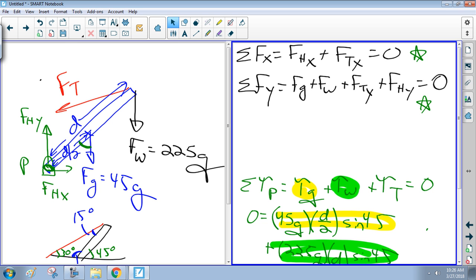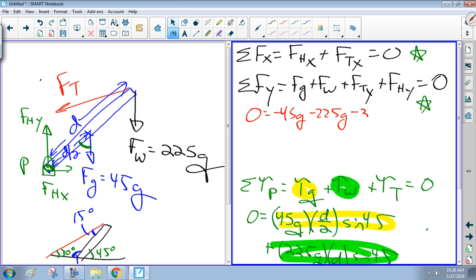All right, so our net force vertically has got to be 0. Our FG is negative 45G. The force of the weight is negative 225G. The force of tension in the y direction was, what did we decide it was, 3315? Plus the force of the hinge in the y direction, and solve for it. And hopefully that gives you the answer that was on the sheet.